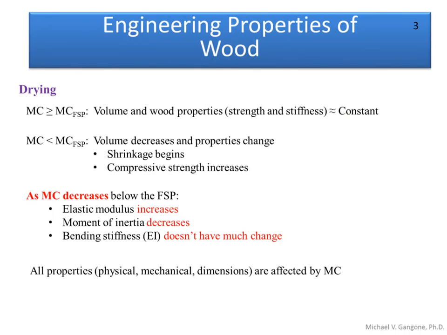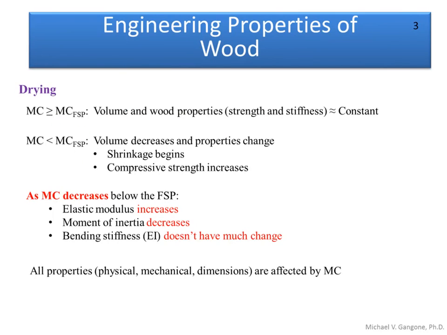As the moisture content increases above the fiber saturation point, the strength and stiffness properties of the wood don't really change. Okay, so as I go from 30% moisture to 50% moisture, the strength and stiffness remains the same. It's pretty much constant.